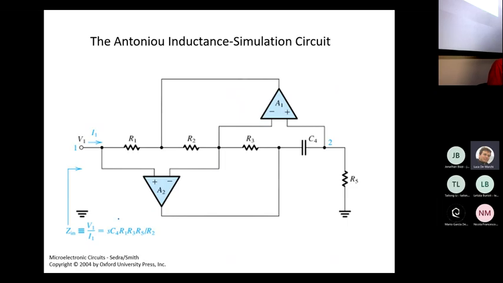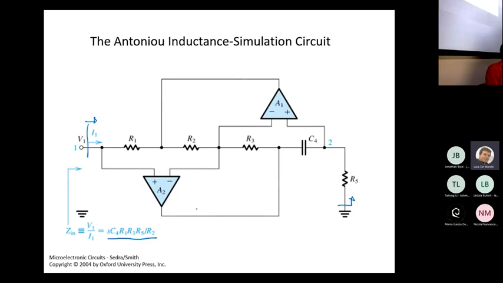You see the result. If you look at the impedance between this point and this one, and you measure therefore the relationship between the applied voltage and the current, what you will find is that the impedance is provided by this expression, which is S times the circuit parameters, C4, R1, R3, R5 divided by R2.